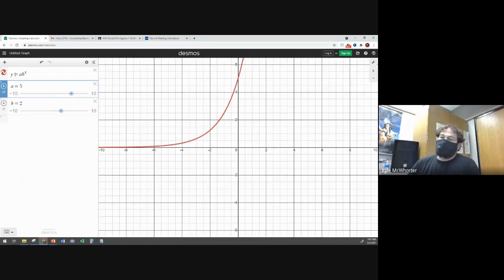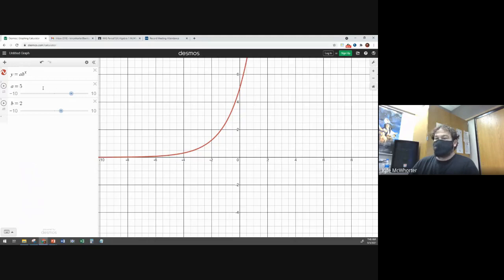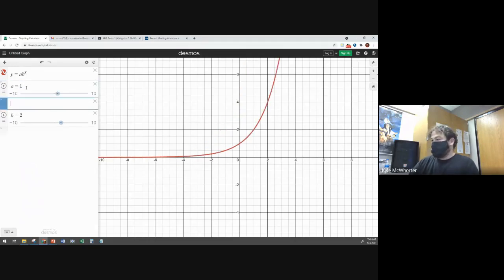Okay, so here I have a function y equals a times b to the x, and I want you to look at what happens to the function when I change the values of a. So if a is 1, the graph, watch what happens when I change a to 2.